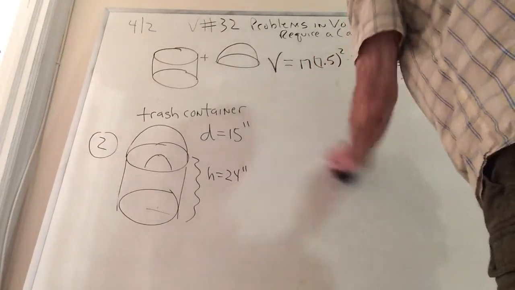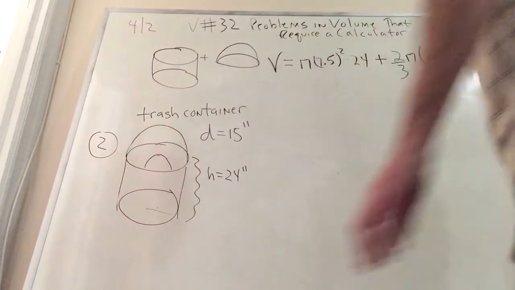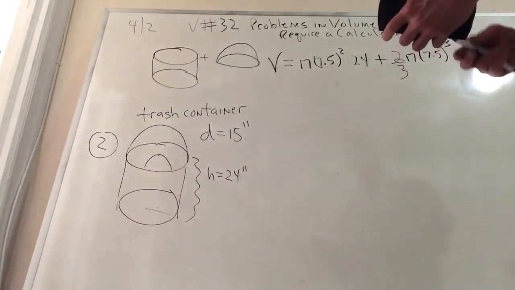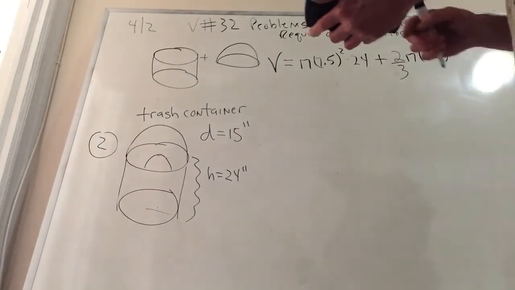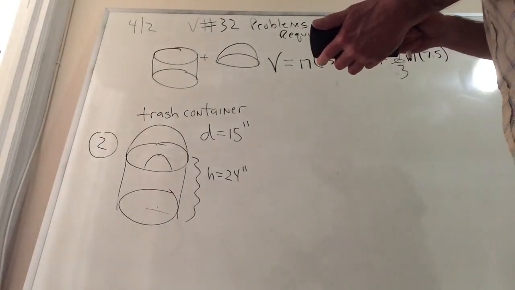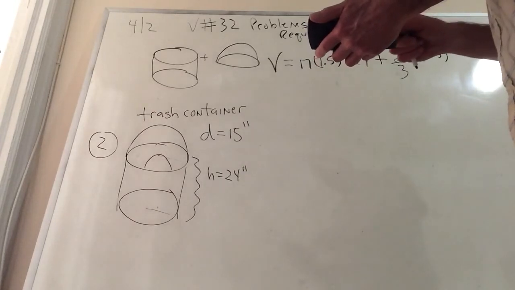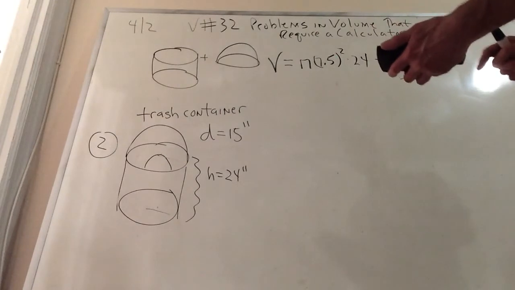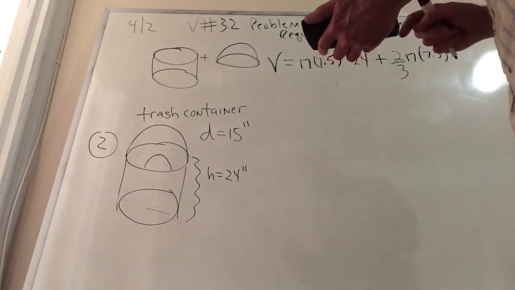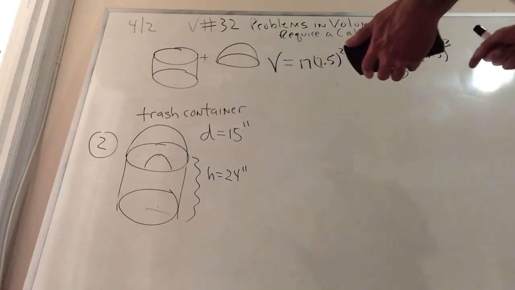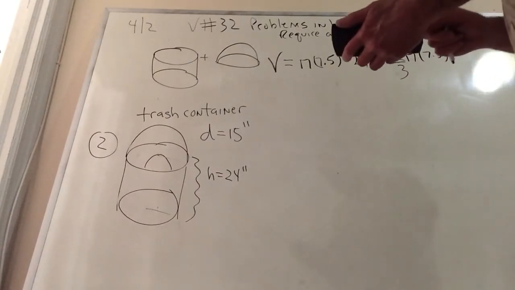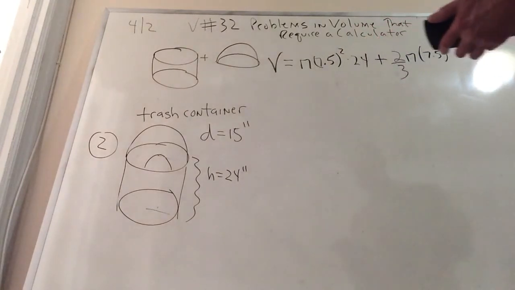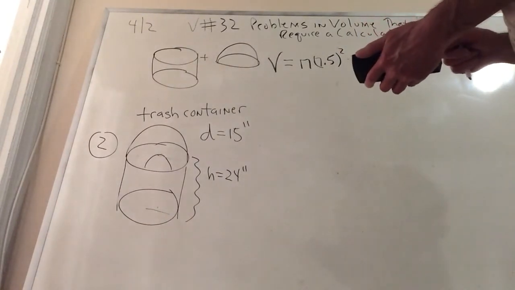I'll erase this because I'll need it. We know we have to go to the 100th of an inch when we get to the end here. I pick up my trusty calculator, and I go left to right, and it should work. So I have pi times 7.5, hit the square button, you should be in good shape, times 24, plus, order of operations counts here, 2 times pi times 7.5.